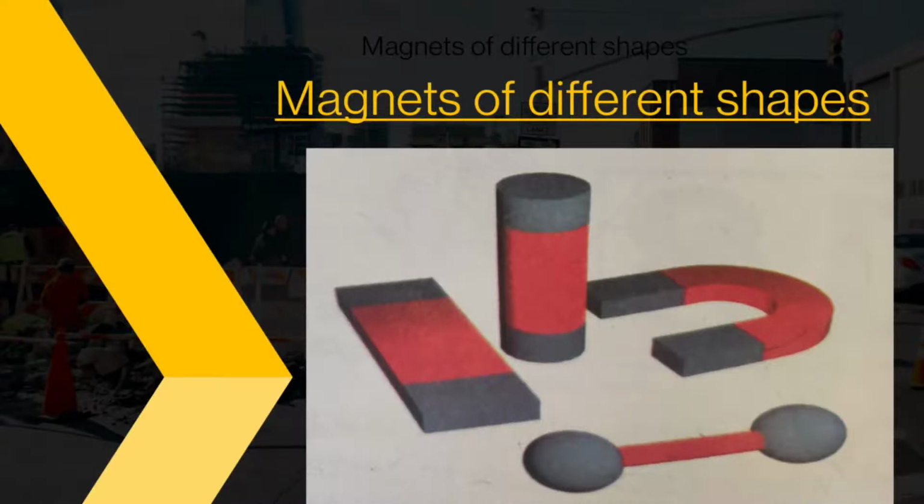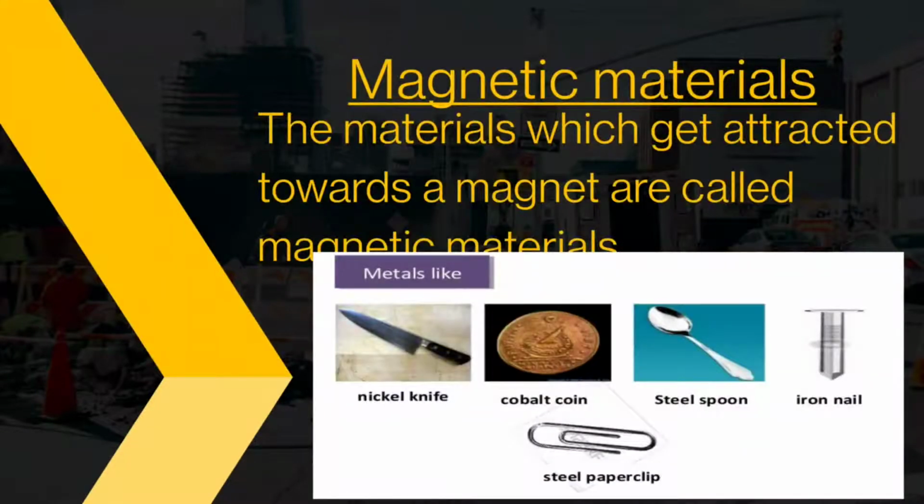So first, after that, you have learned about many types of materials. In sorting of materials you learned many types, like hard, soft, soluble, insoluble. This way you can divide different materials. Now I am going to tell you about one more property of materials: magnetic material and non-magnetic material.